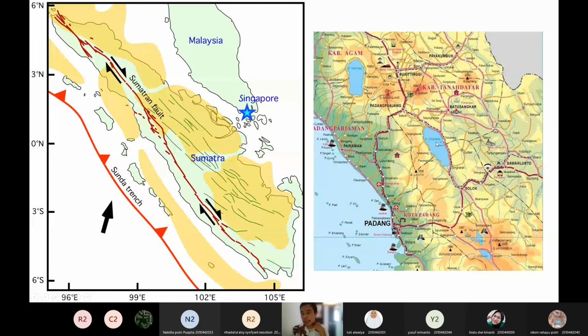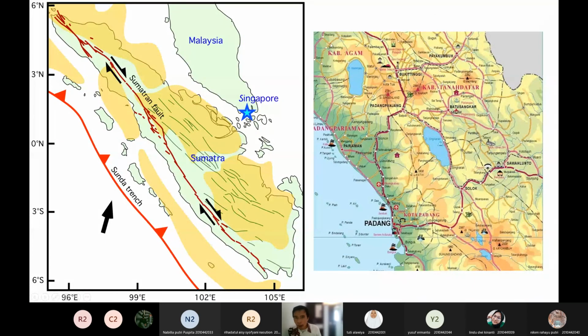It's caused by the split of the earth plate, whereas this one is caused by the bursts of the mountain, the volcanic activity. And here in Solok, for example, we found the Twin Lakes, Danau di Atas, Danau di Bawah, and here is Talang, and also.